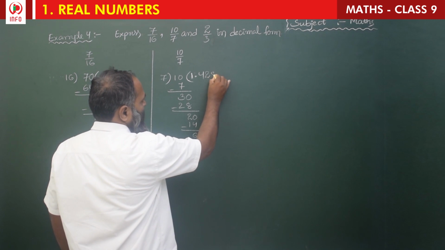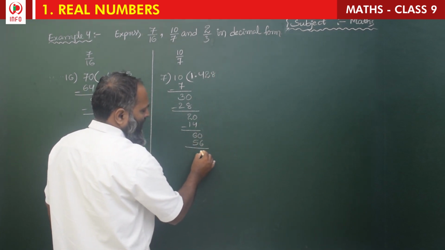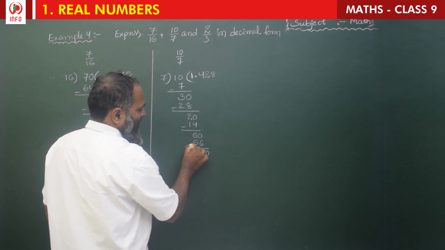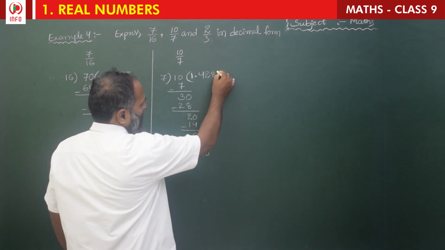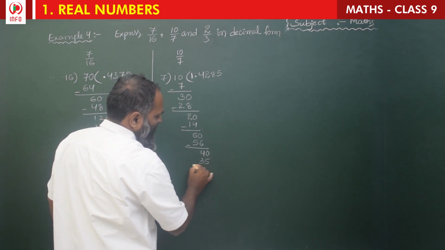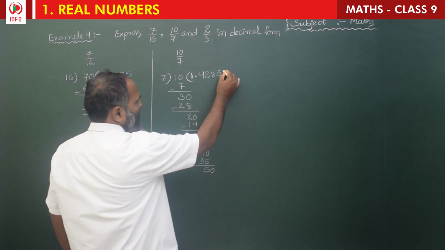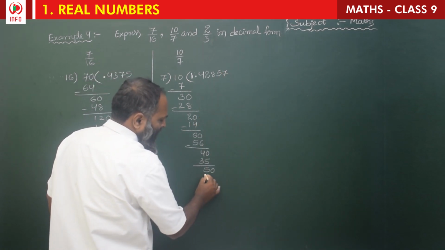7 8s are 56. Then again 4 left, 40. 7 5s are 35. So then 5 left, 0. 7 7s are 49.